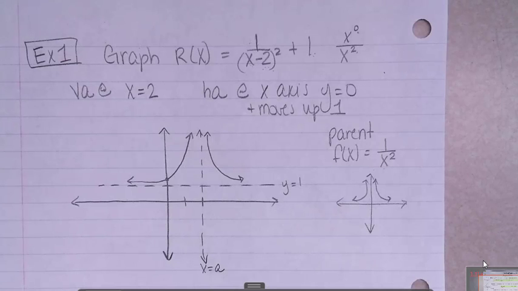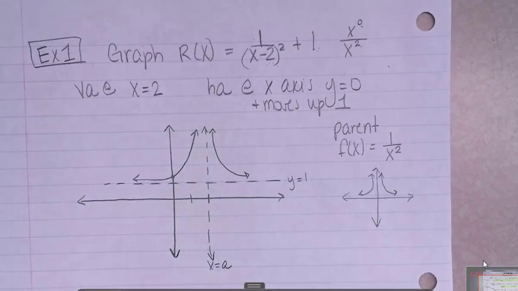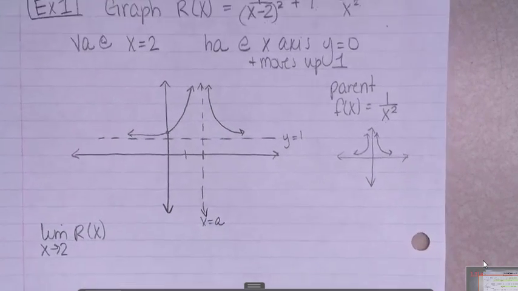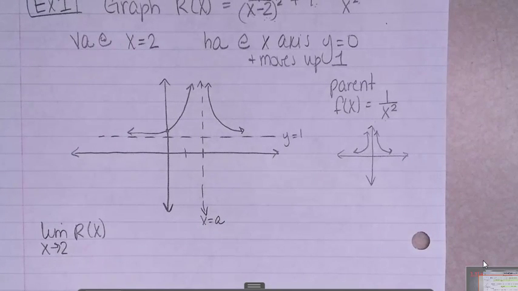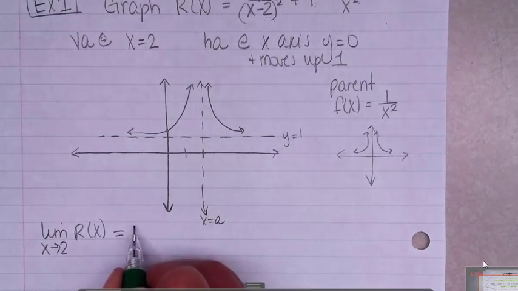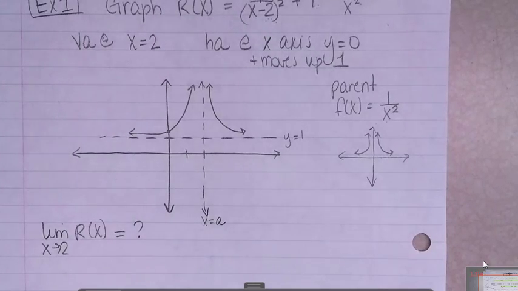All right, so let's find some limits on this puppy. What's the limit as x goes to 2 of this function? In order to evaluate that, you're going to need to figure out the left and the right limits.